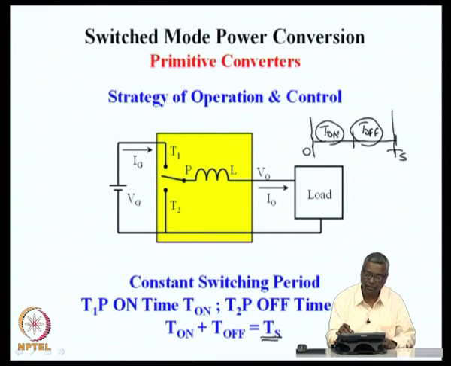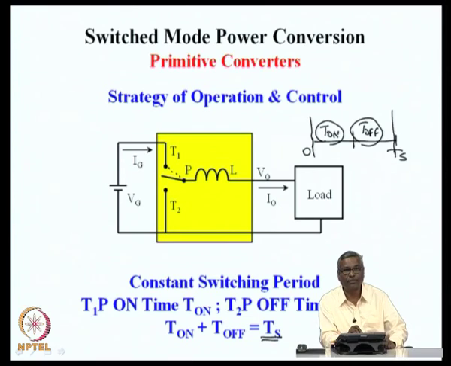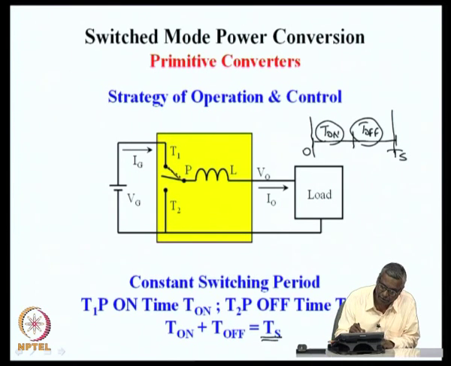During the on sub period, during the interval T on, the switch is connected between P and T1. What you see here, the switch is connected between P and T1, and during the time T off, or it is known as the off interval, the switch is connected between P and T2. So, we might say that this end is T on and this end is T off.